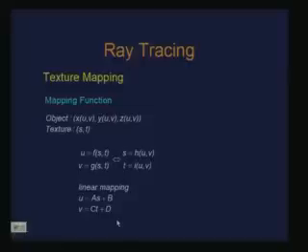Then I can associate the parameters of the surface u, v with the texture. Once I associate these parameters, I can associate the 3D point of the surface. This is a one-to-one mapping. That is, for every point on the surface, you have a point on the texture description. That's what we are trying to do.